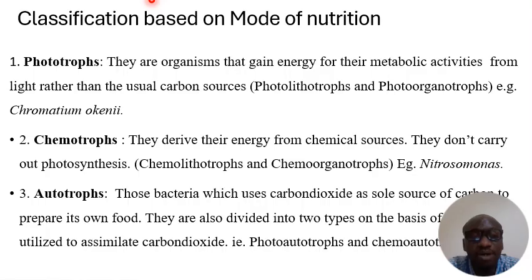Photoautotrophs, among the types of autotrophs, use light energy to fix carbon dioxide. Example is the cyanobacteria. And we also have the chemoautotrophs that use chemical energy to fix carbon dioxide. Example is Nitrobacter. We have talked about this previously in our other classes.